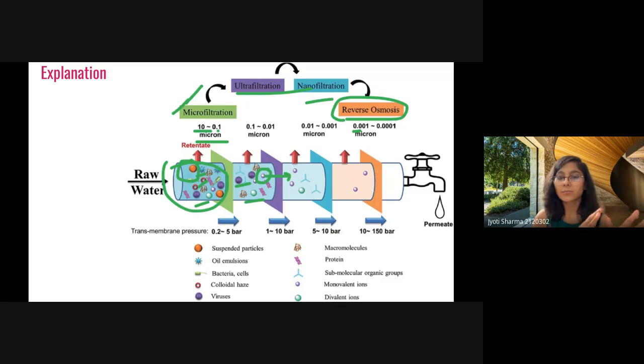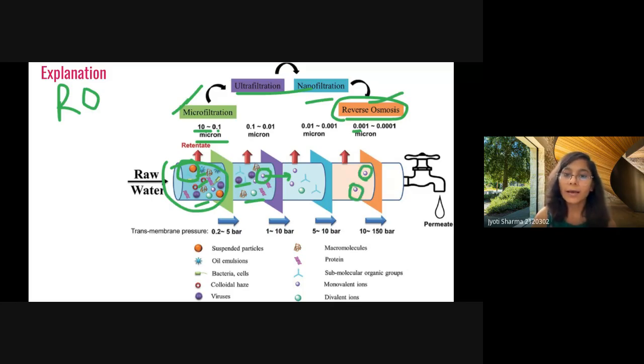That is the reverse osmosis, right? And that's why we say that whenever your water doesn't have much problem, then we should not use the ROs. The problem with the RO is that some of the molecules may be useful for us.